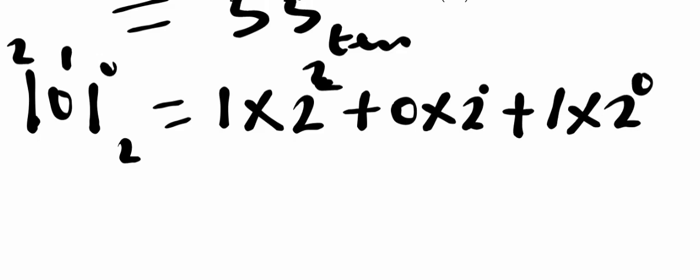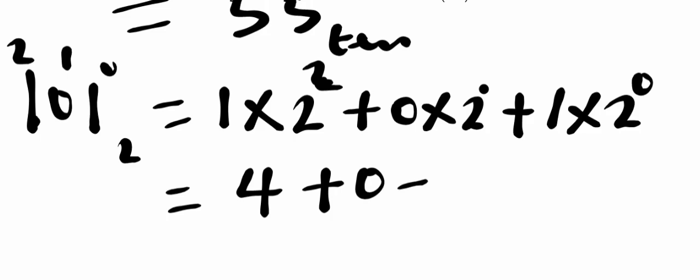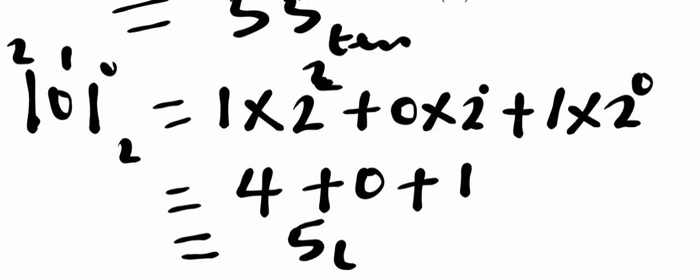So when we simplify that, 2 raised to power 2 is 4, times 1 is 4, plus 2 raised to power 1, 2 times 0, that's 0, plus 2 raised to the power 0, 1 times 1, 1. And this gives us 4 plus 0 plus 1, that's 5 base 10.